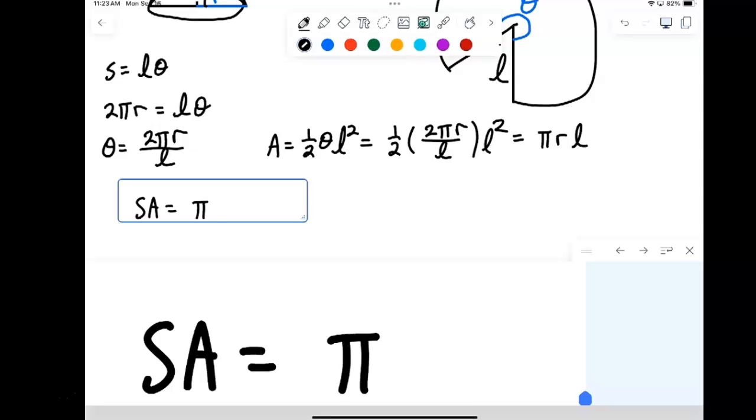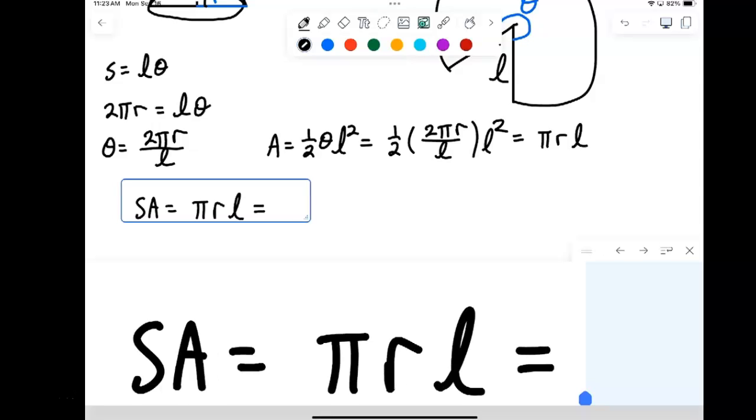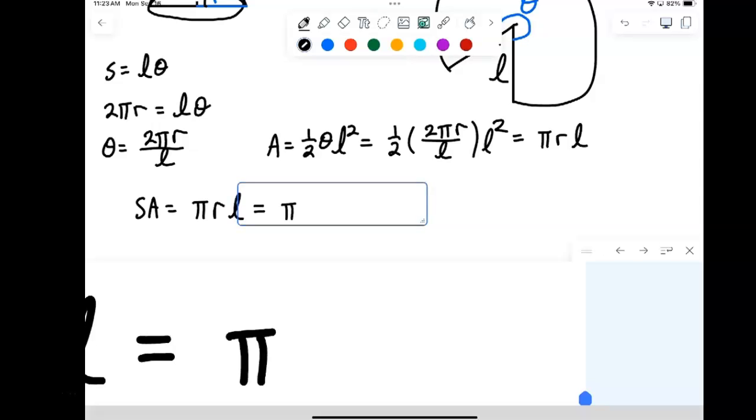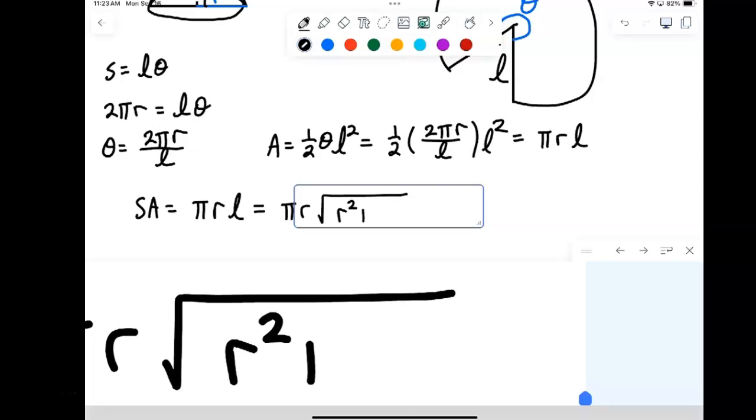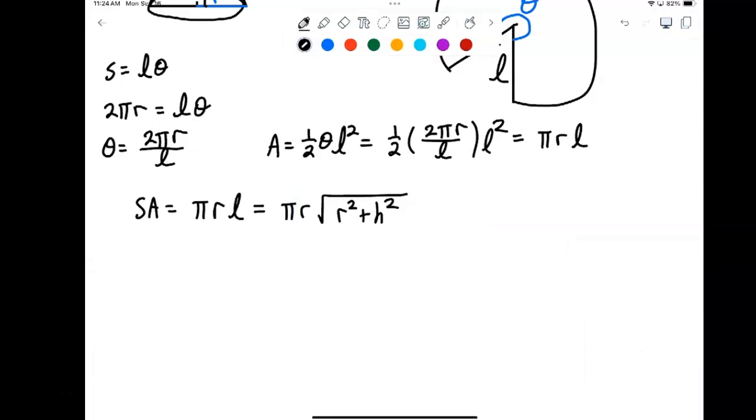is pi r L, but remember L is the square root of r squared plus h squared. So if you know the radius and the height of your cone, then you can figure out its surface area by just taking pi times r times the square root of r squared plus h squared.